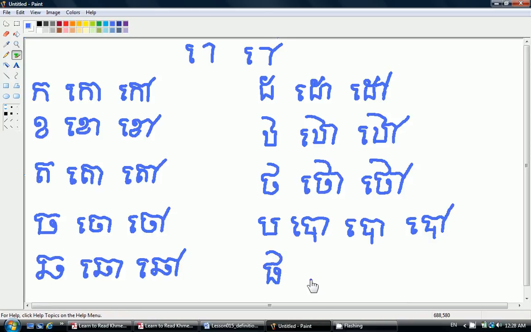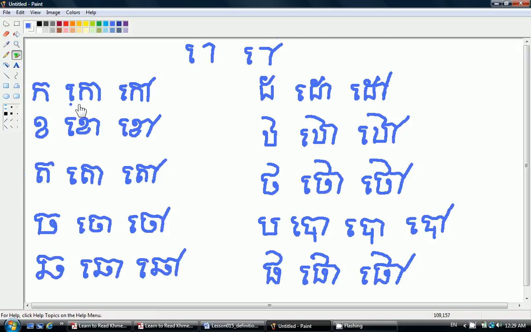Write paw. Now paw. All right, so your assignment is to write srao 10 times, and srao also 10 times.